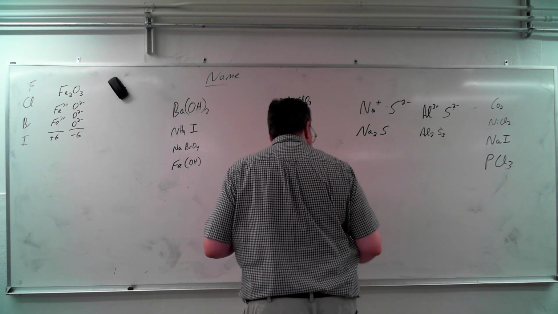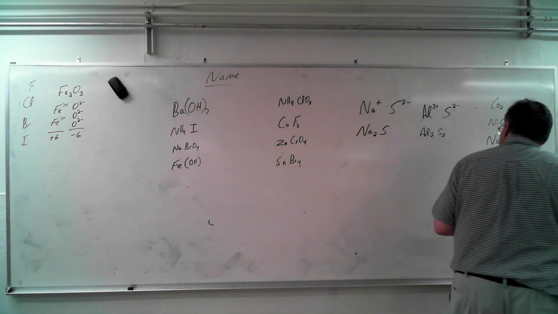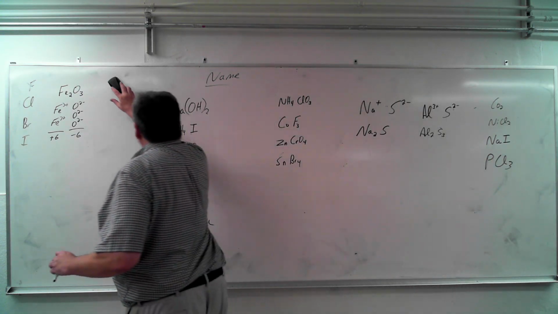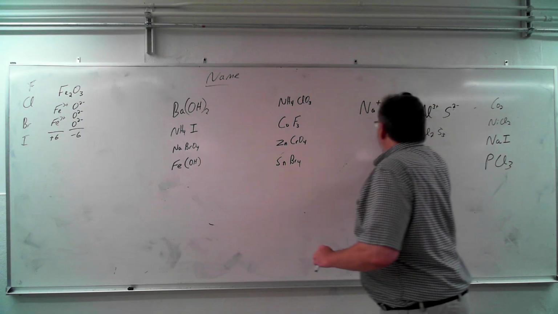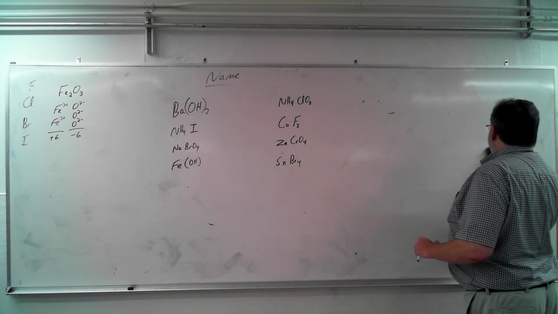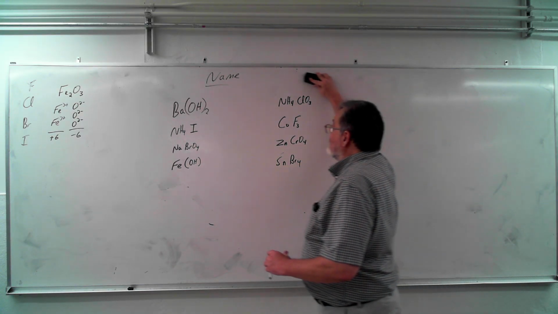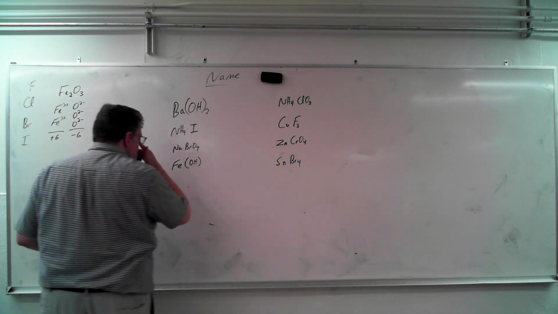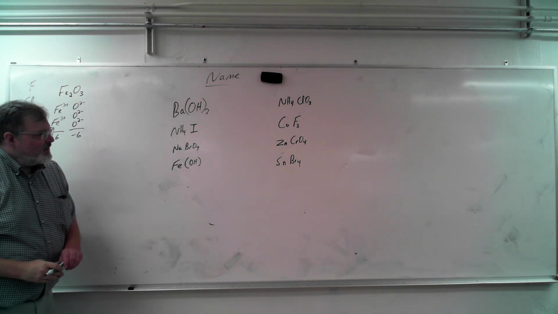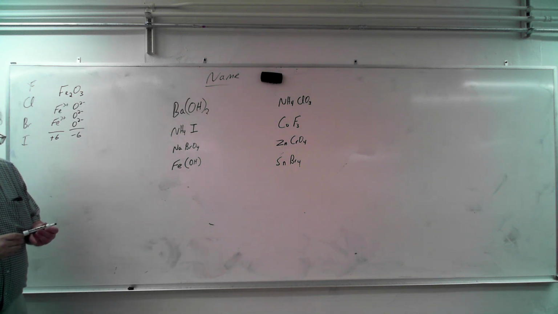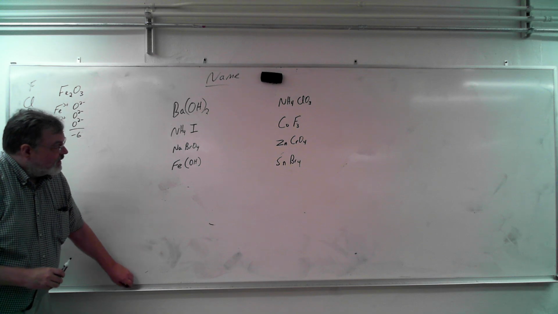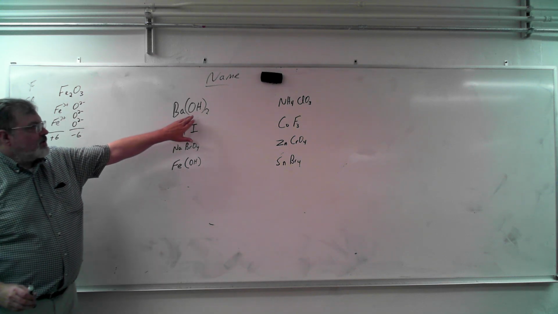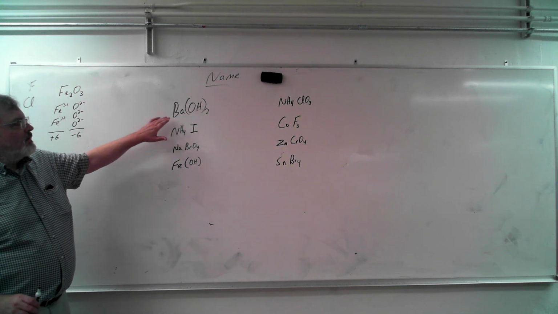Okay, let's name these. You probably recognize that polyatomic ions are here. So you want that chart. The chart has the charges in it, but you really don't need to look at the chart for the charges. You might want to look at it for the name. But what do you think the charge on the OH ion is?